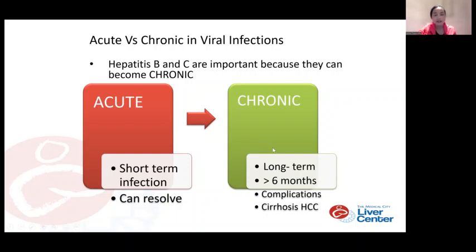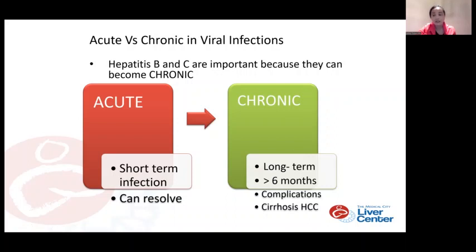When it's acute, it means that the carriage of the virus is less than 6 months. So within that 6 months after infection, it's still considered acute, and there's still the possibility that the infection can resolve. However, if the carriage is more than 6 months, that's what we consider chronic infection, and that's when complications can arise.